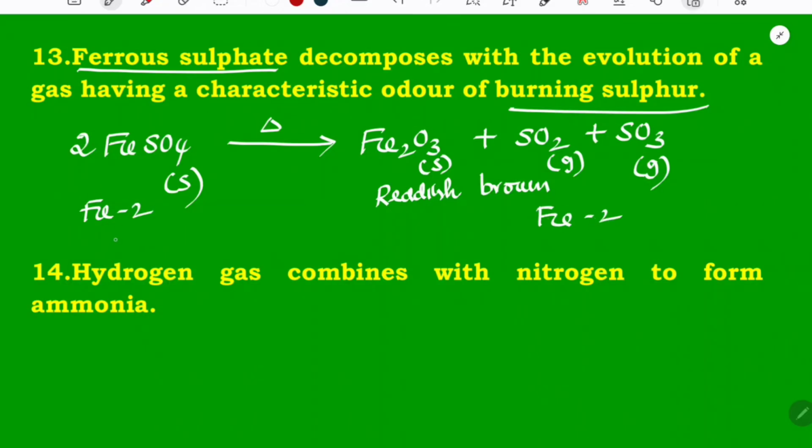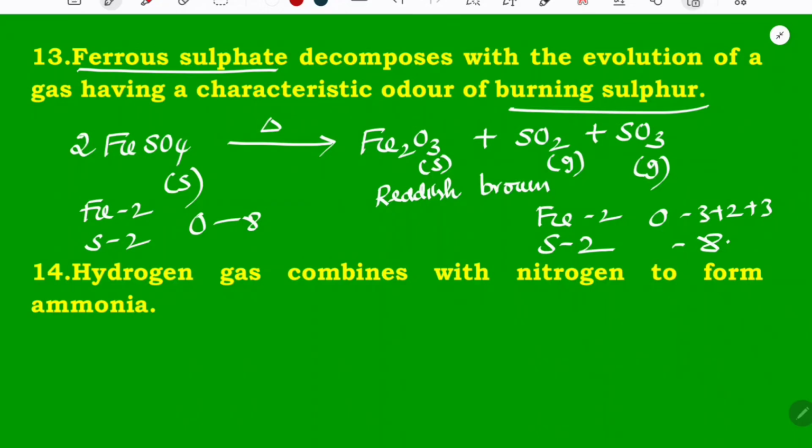This side sulfurs 2, this side sulfurs also 2. Then oxygens, how many? 4 into 2, 8. Here 3 plus 2 plus 3, total 8. So the equation is balanced.